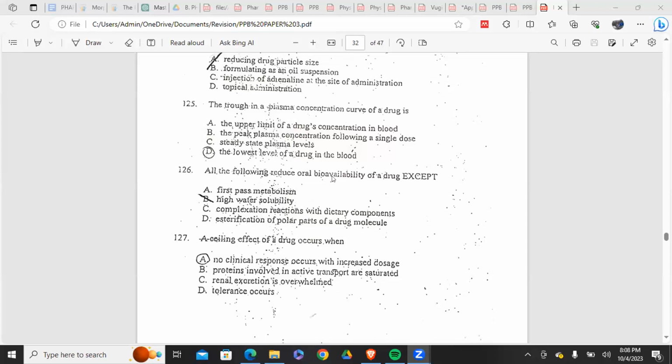All the following reduce oral bioavailability of a drug except: fast pass metabolism, high water solubility, complexation reactions with dietary components, and esterification of polar parts of a drug molecule, and the elimination. Ina reduce, so hiyo iko sawa. I don't know how water solubility reduces. I don't think it reduces.